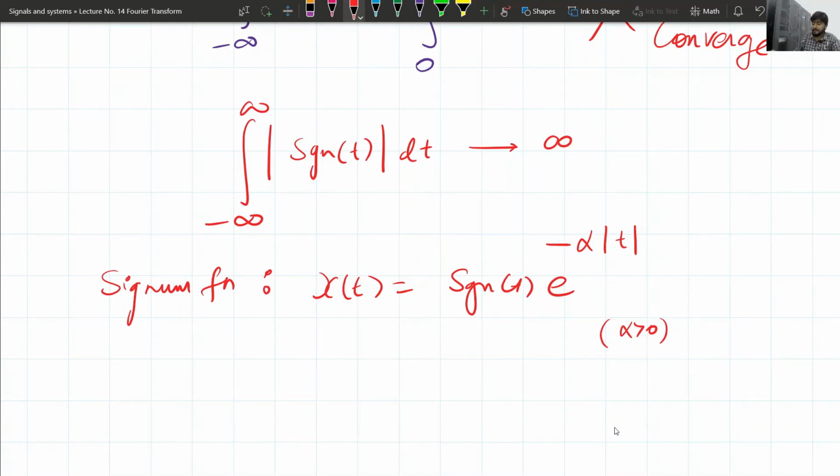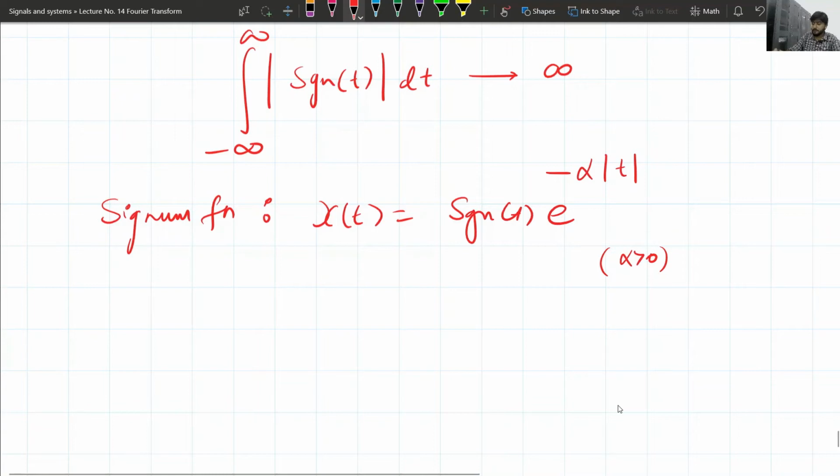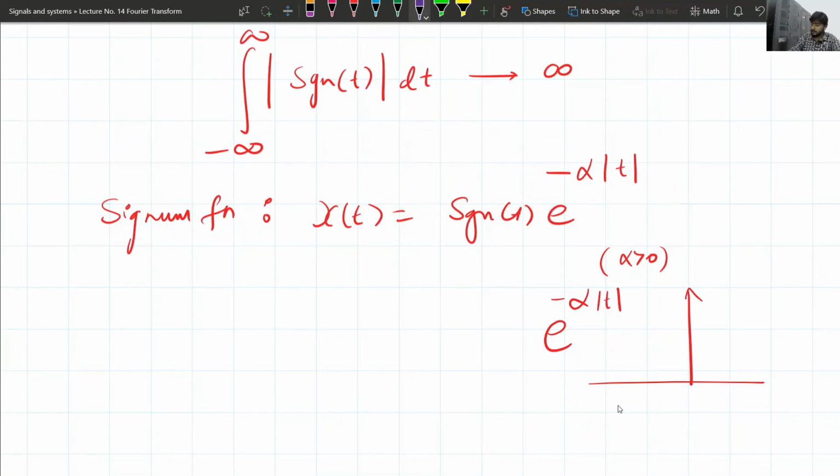Now as you can see, this exponential multiplied by signum t is absolutely integrable if you find its integration.